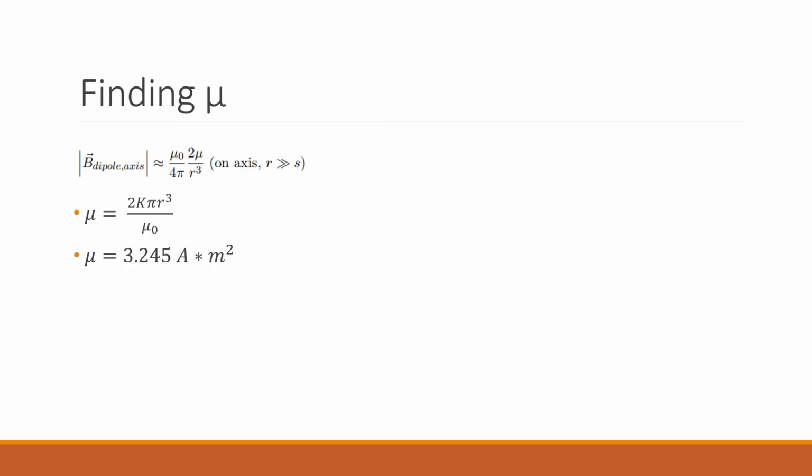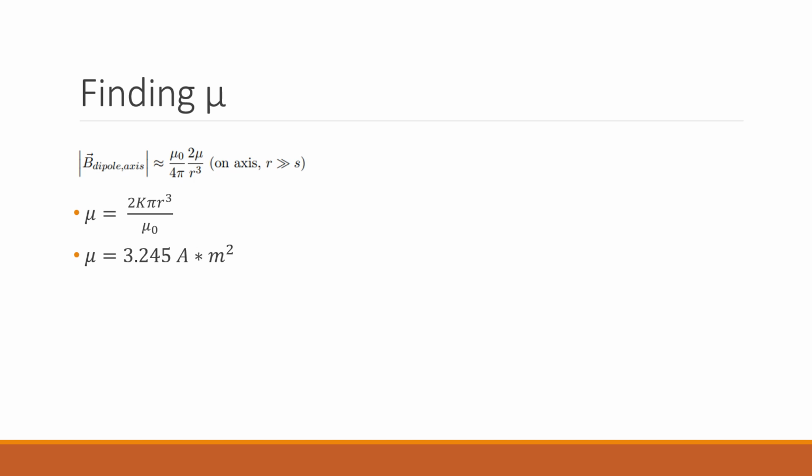After finding k, we could find the magnetic moment, denoted by mu, using the equation recalled from the formula sheet: B dipole on axis is approximately mu naught over 4 pi times 2 mu over r cubed.